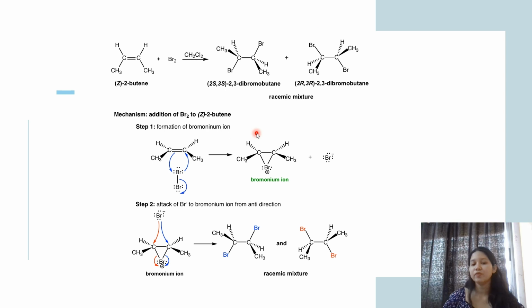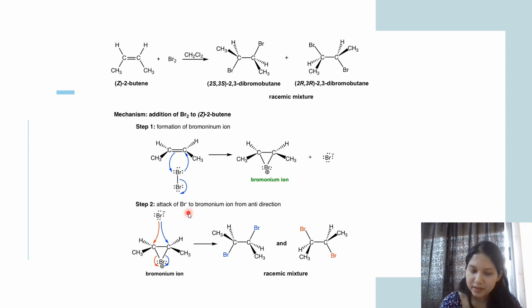If we follow the mechanism of the reaction of cis-2-butene with bromine, first the double bond will attack the bromine by knocking out this bromide ion, and in return you get this bromonium ion, where both the carbons are connected to one bromine atom, and this bromonium ion intermediate you get in the first step of this reaction.